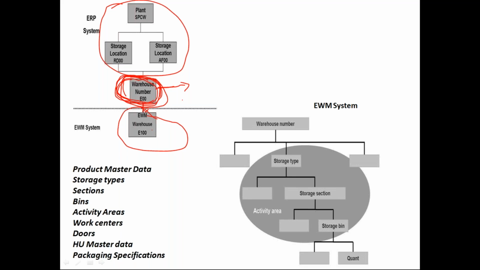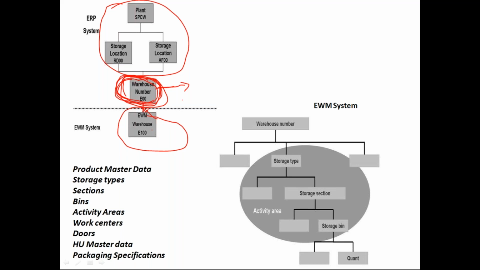Because why do we create storage locations in ERP? Can you tell me? What is the reason for creating multiple storage locations in ERP? To stock different products, maybe raw material or finished products like this. But yeah, basically to differentiate stock, right? That differentiation I can do in EWM with storage types.